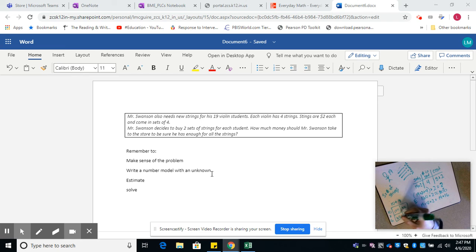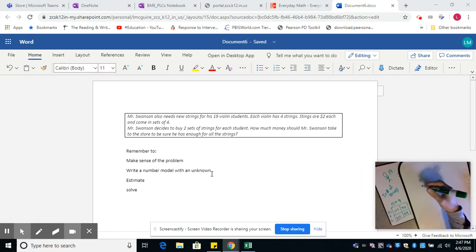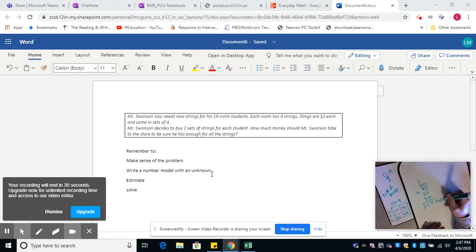So I've got 190 plus 60 plus 54. And I end up then with 304 tickets.